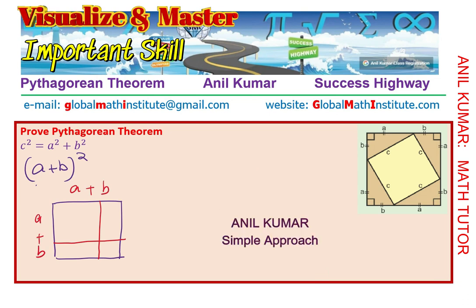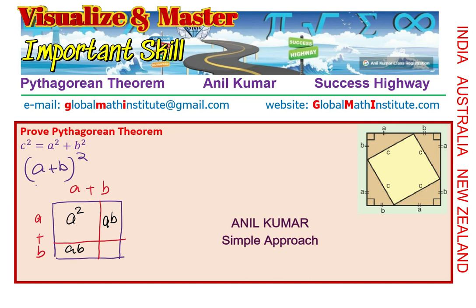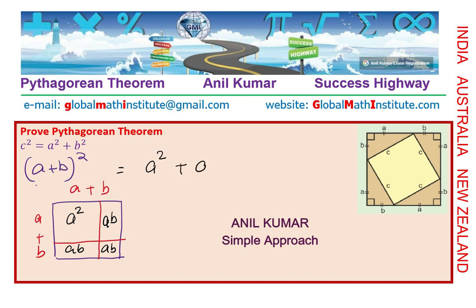So using our area model, this area will be a square, correct? This area will be a times b, here also a times b, and this is ab, correct? So if you add all these areas, what do you get? You get a square plus ab plus b square. Sorry, this last area is b square, right?